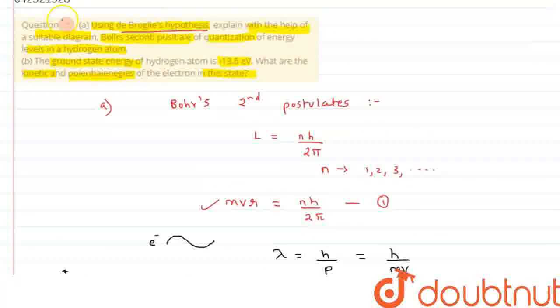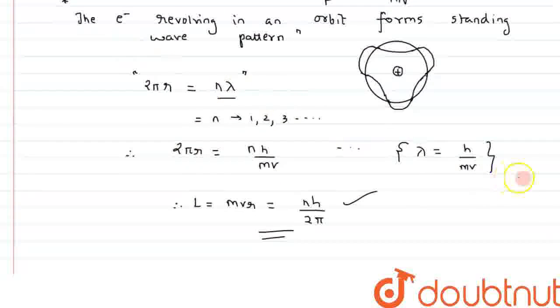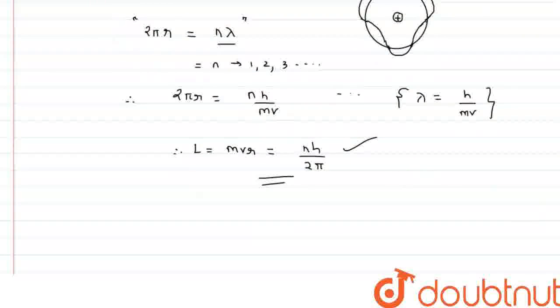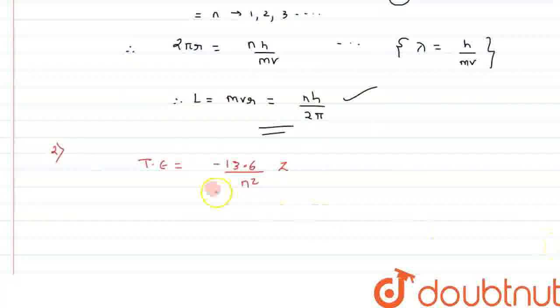Now for the second part, we have been given that the ground state energy of hydrogen is minus 13.6 electron volt, and we need to calculate the kinetic energy and potential energy. So we know a relation: the total energy expression is given by minus 13.6 divided by n square into z square, where z is the atomic number and n is the principal quantum number.